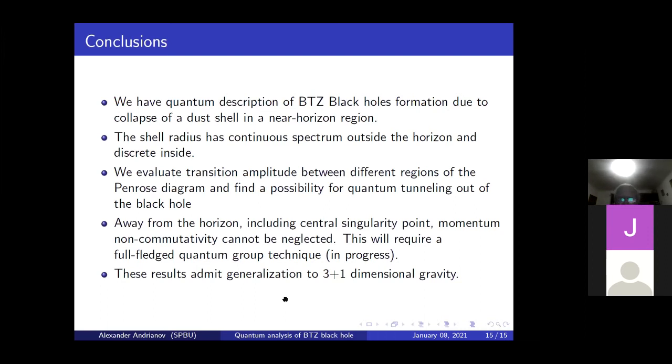The matter is that momentum non-commutativity cannot be neglected. And we require and apply the full-fledged quantum group technique, which is in progress. These results, the enumerated results, actually admit generalization to 3+1 dimensional gravity.